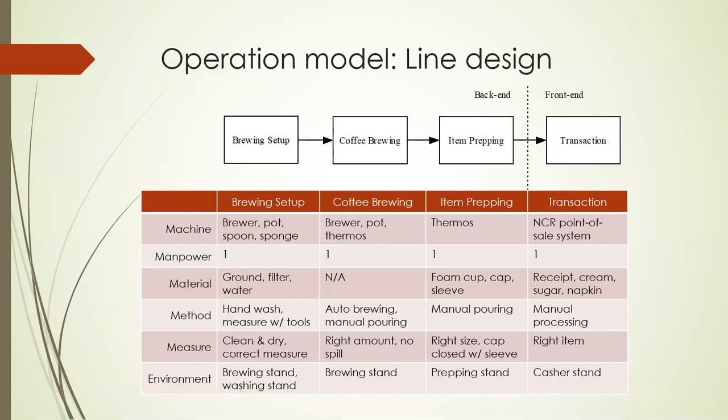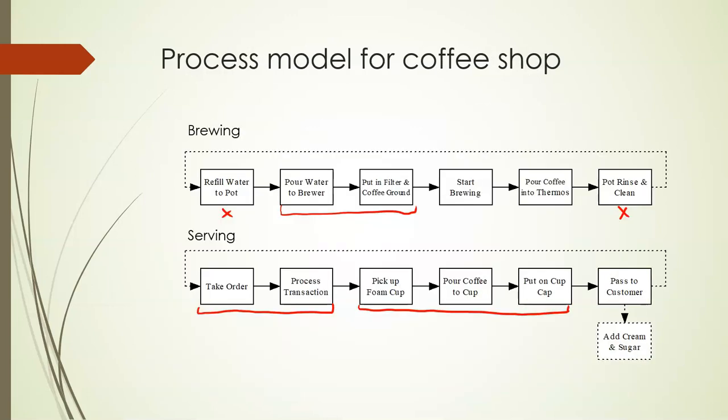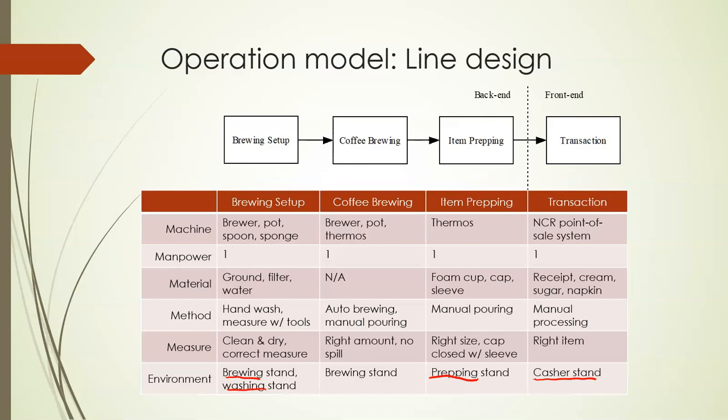For that, you can see all the different resources needed for each step. The table over here shows you the resources needed. At the bottom you can see a brewing station, a washing station, a prepping station, and the cashier stand. So in a sense, we combine these two flows into one single production line with four different stations.